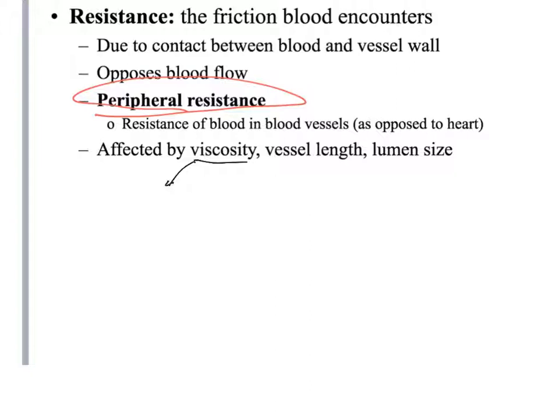The more stuff that's floating around in the liquid, the thicker it is, the higher the viscosity. So you can compare the viscosity of vegetable oil versus water. One is thicker than the other. And the thickness of blood depends upon the number of formed elements.